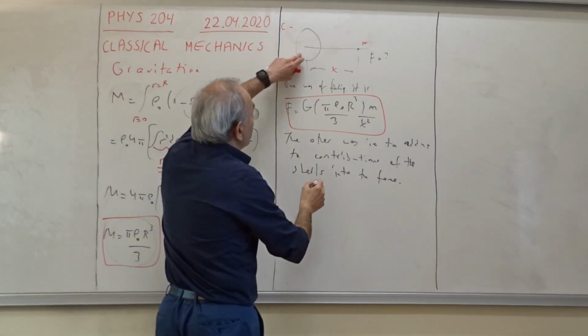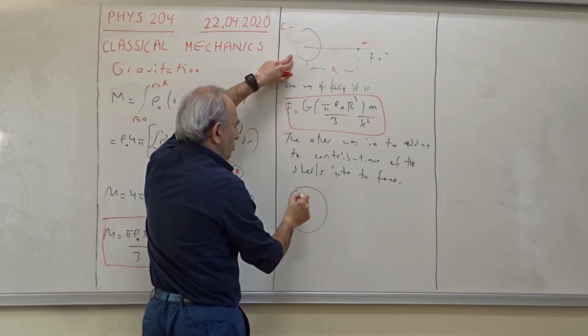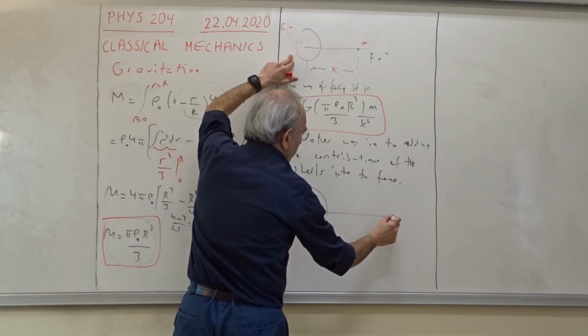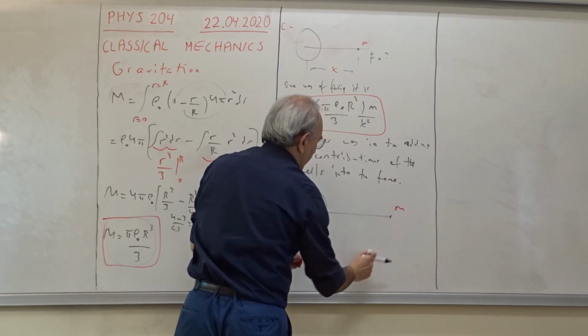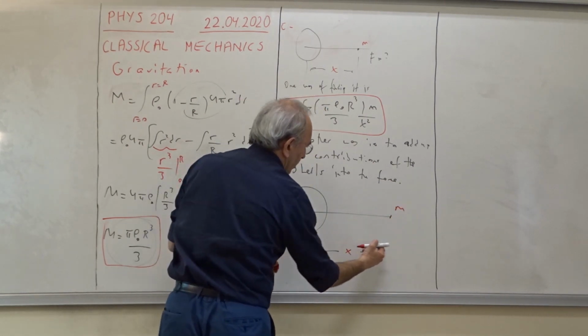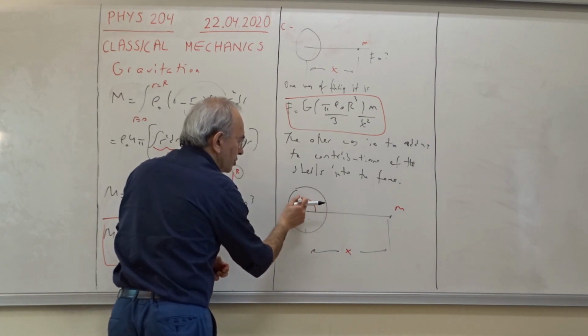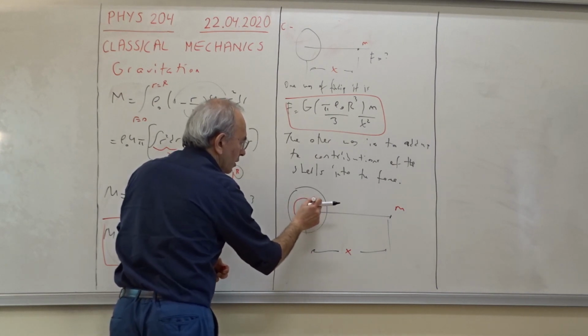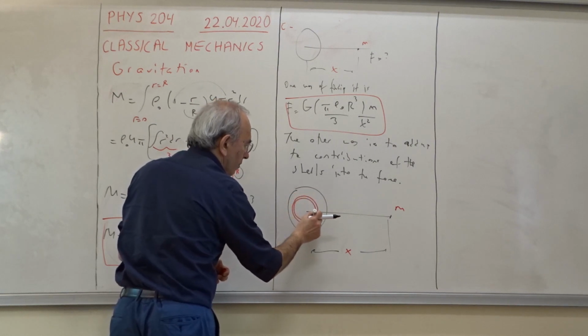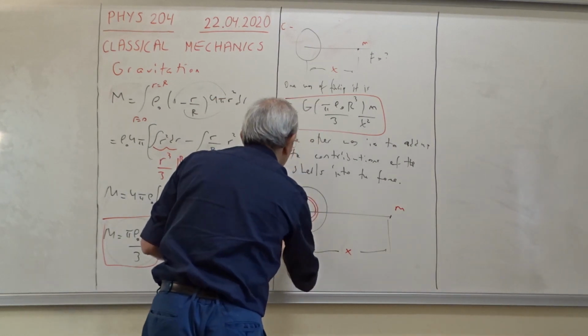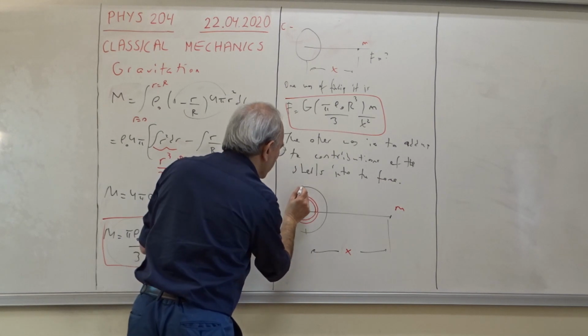So for instance, this is the total object, the big one, and here is the little object, m, and x is the distance from center to center. However, for example, let's consider just this shell. Let's consider just the red shell.